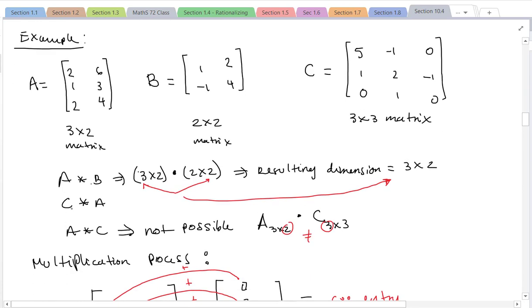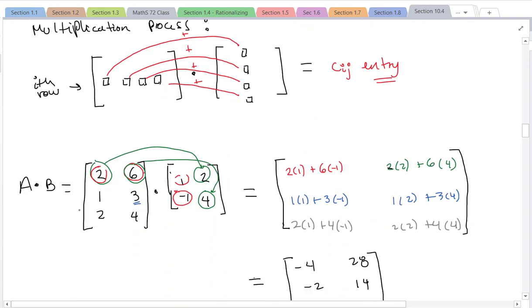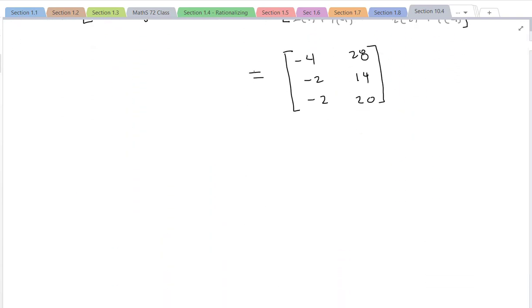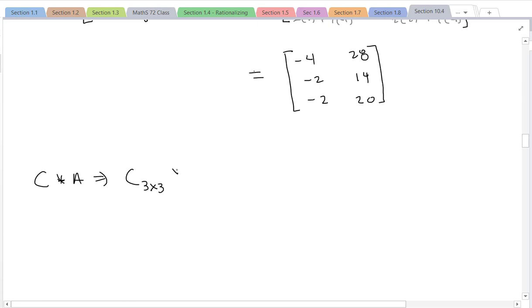But we can do C times A. So let's try C times A. The reason we can do that one is because the matrix C is a 3 by 3 matrix, and the matrix A is a 3 by 2 matrix. So the number of columns of the first one matches up with the number of rows of the second one.